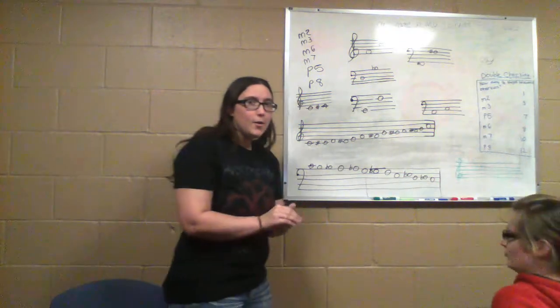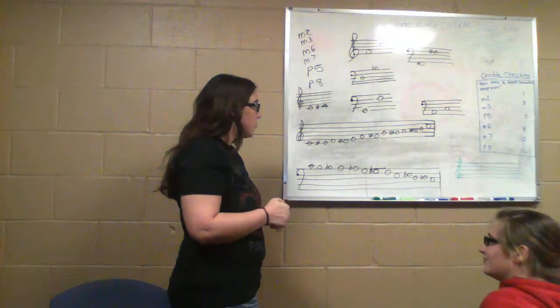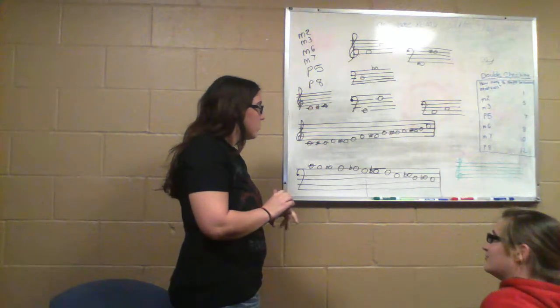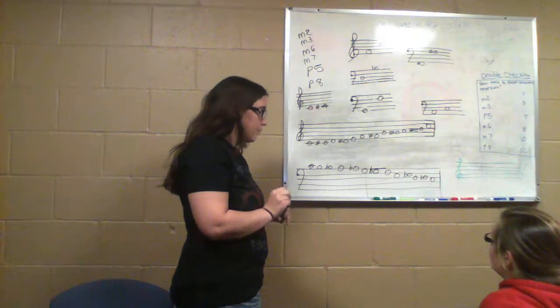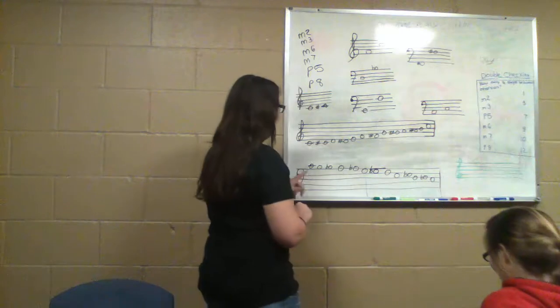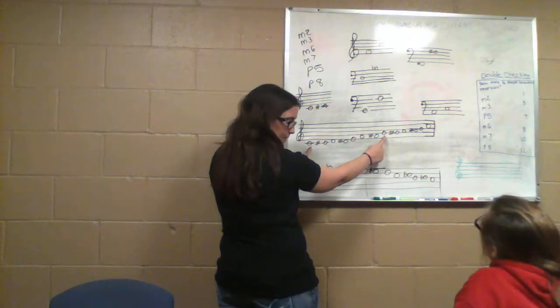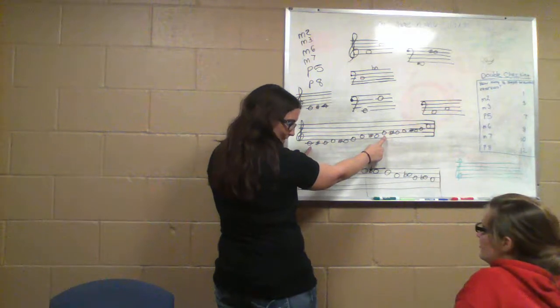Okay, so I'm going to point at 2 notes and you're going to tell me what kind of interval they are. We have a C and a G. What interval would that be? A perfect fifth? Yes, perfect.